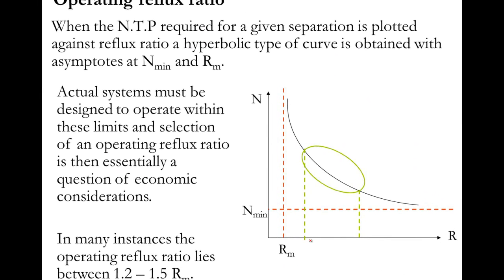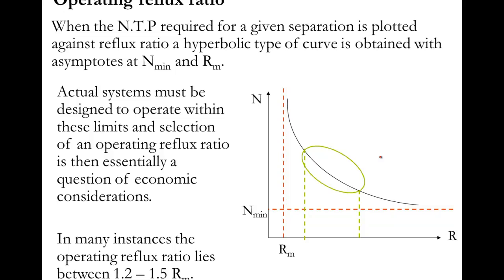Now we know that the operating reflux ratio can be varied between the maximum reflux ratio and the minimum reflux ratio. The maximum reflux ratio is going to be infinite.